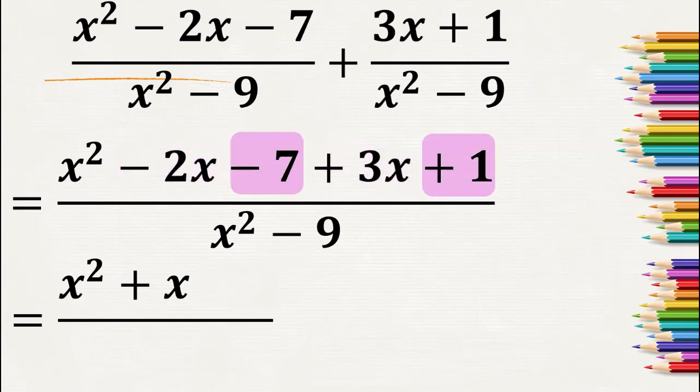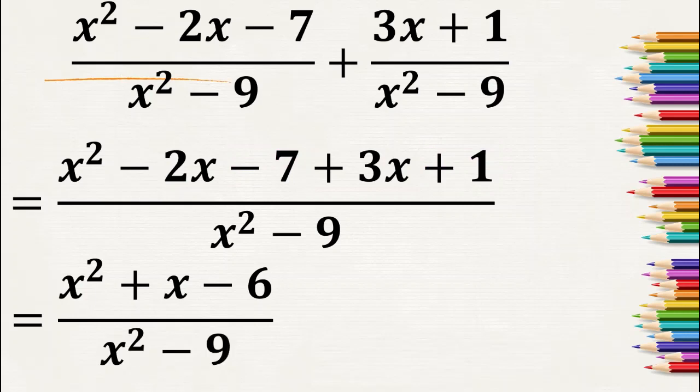They are similar since they are both constant terms. Negative 7 plus 1 is negative 6. Again, they have unlike signs, negative and positive, so subtract and then get the sign of the bigger number, and that is negative. After that, copy the common denominator. We have x squared minus 9.